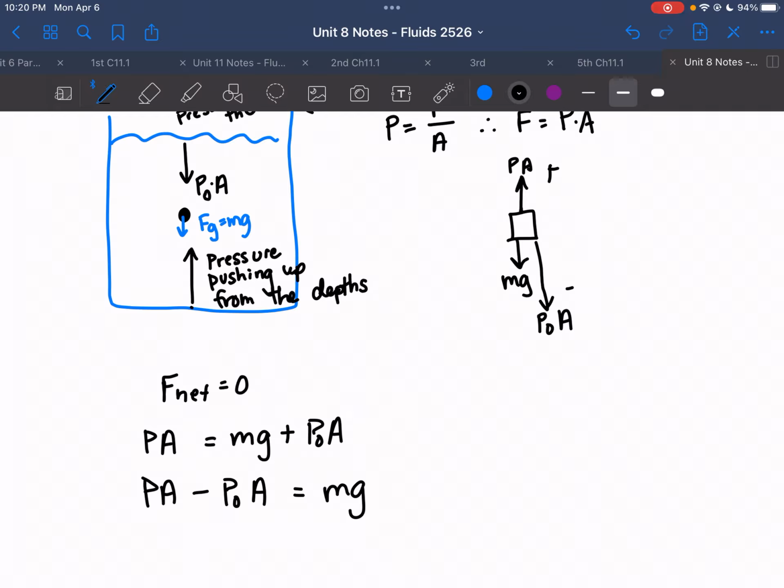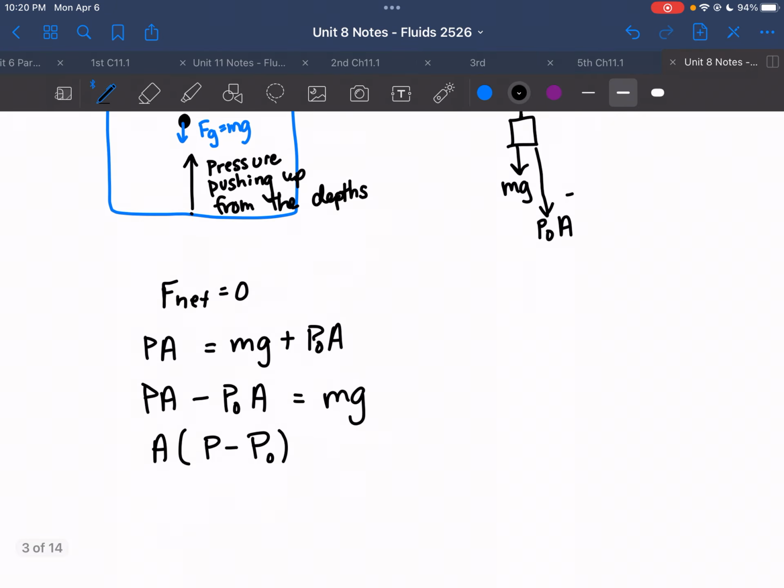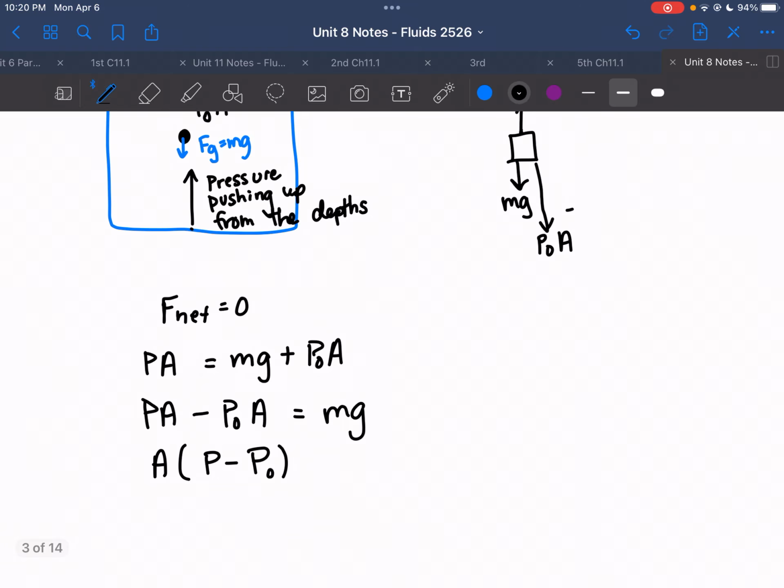Now you might notice that the area is in common between these two pressures. So we have area times the difference of our pressures. So again, absolute pressure minus the atmospheric pressure is equal to m times g. So this is the atmospheric, this is the total.